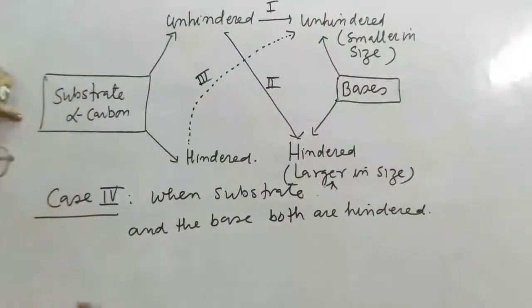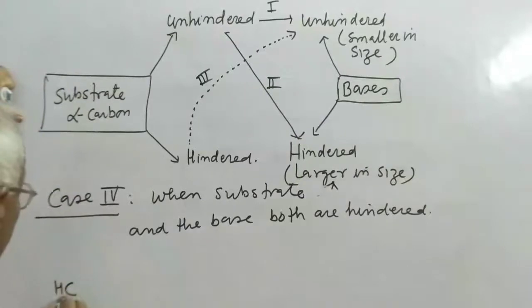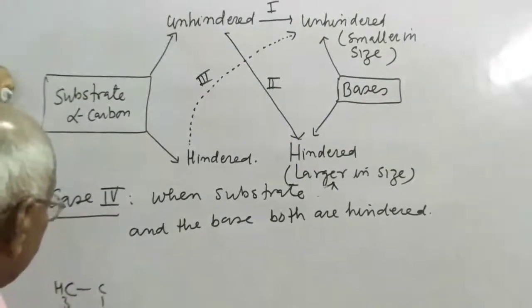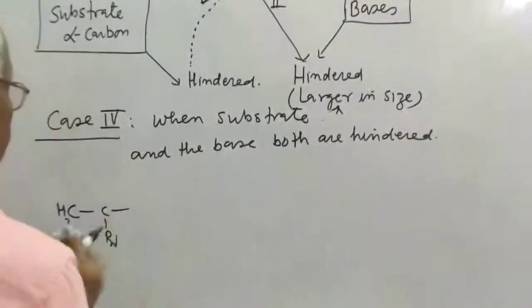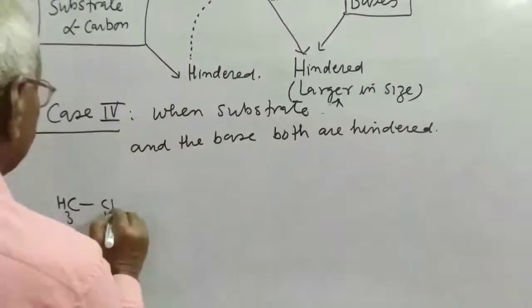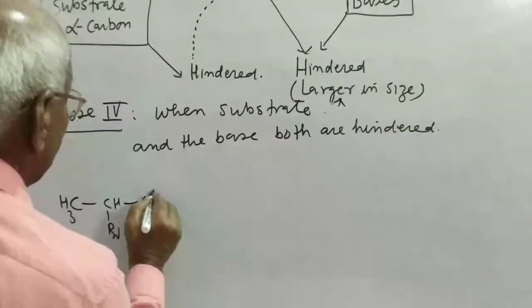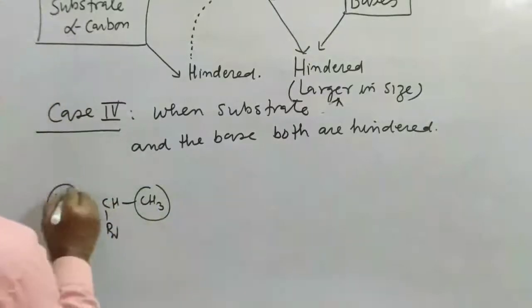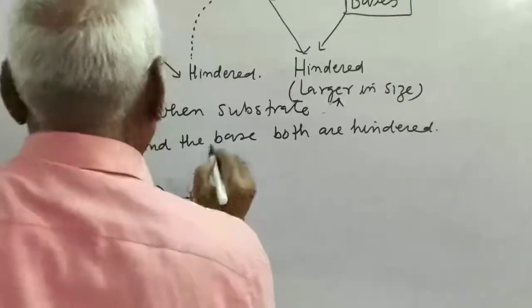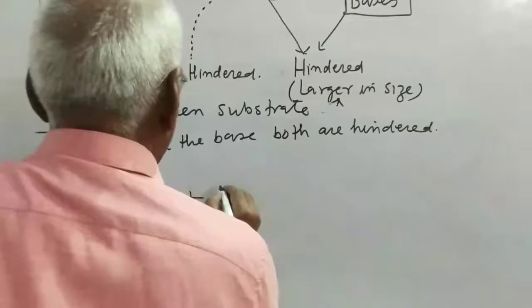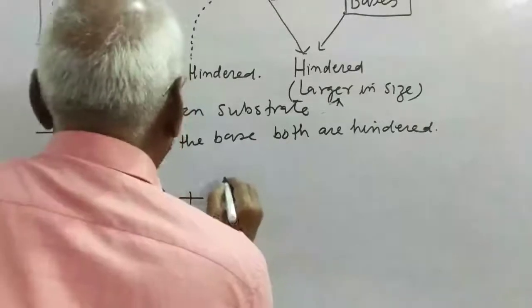Take the same example, this is Br. This is the hindered substrate, and the most hindered base you can take, like tertiary butoxide ion.